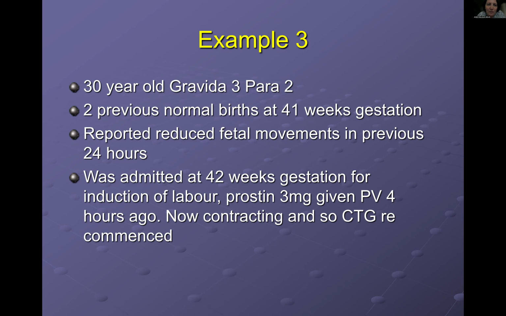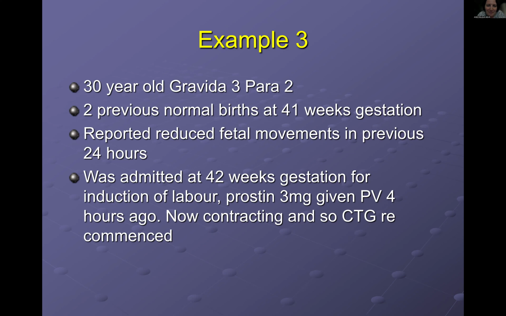So Philip, what would you think in terms of risk? Prof, she came in at 42 weeks gestation, so that is another risk for her being monitored on the CTG.